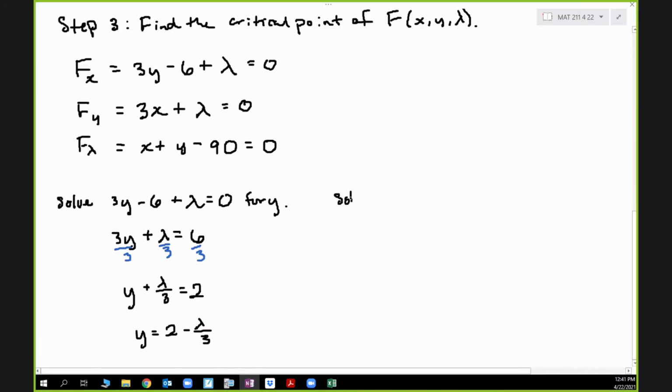And then we can solve the other one for x. This one is less involved, so we'll just move that lambda over. Then we get negative lambda over 3.